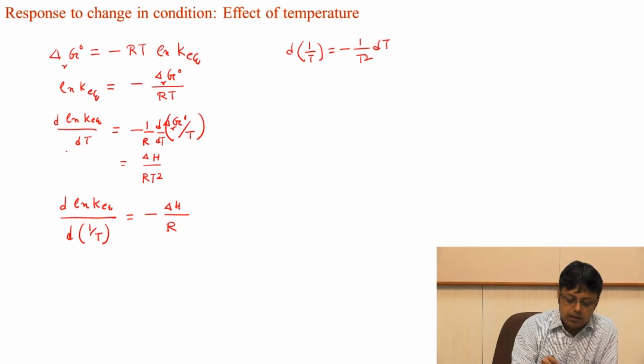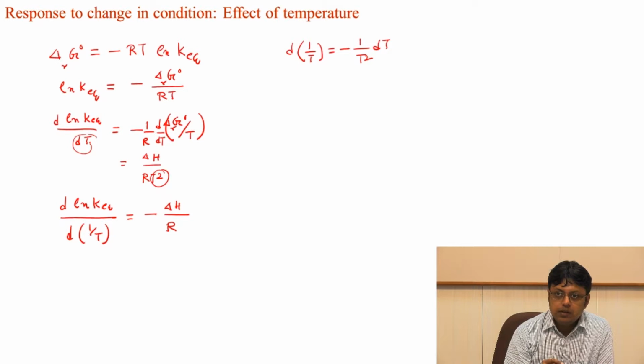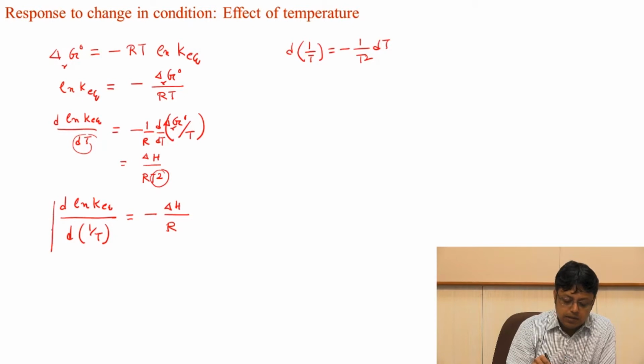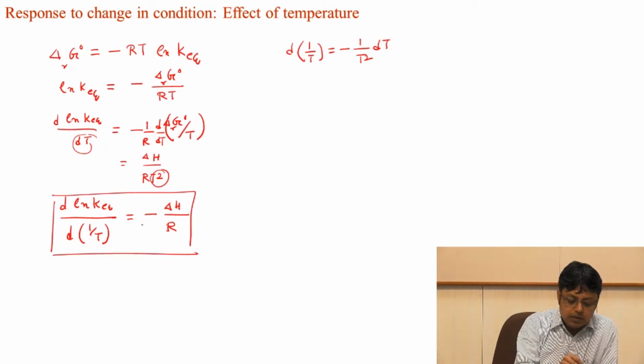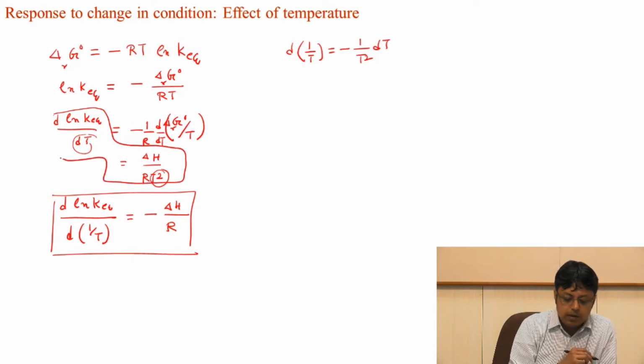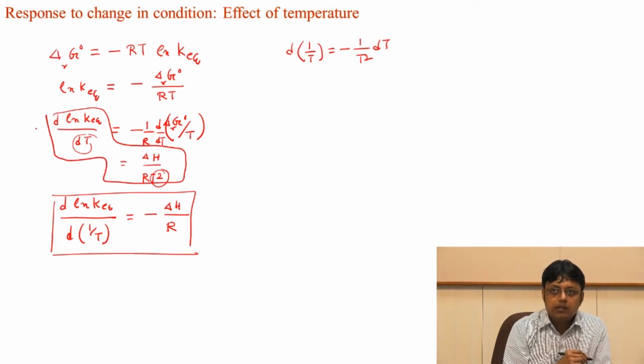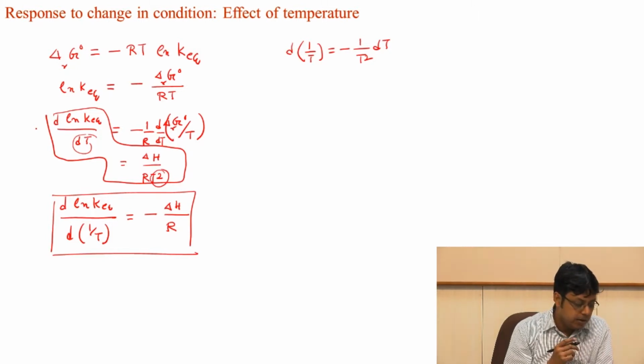If we bring it on the other side, it will basically be multiplied by T square, or you can divide it by 1 over T square and include a minus sign, and then you will get this. So either this equation or this equation, where d ln K/dT is ΔH by RT square, is known as the Van 't Hoff equation for the variation of the equilibrium constant with temperature.